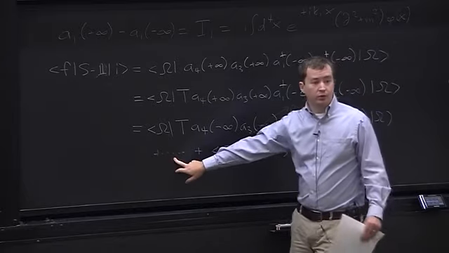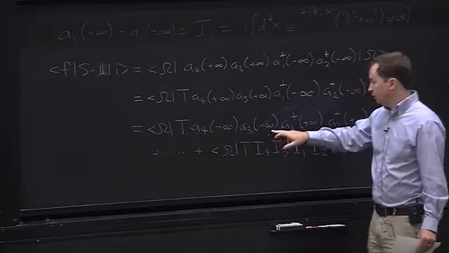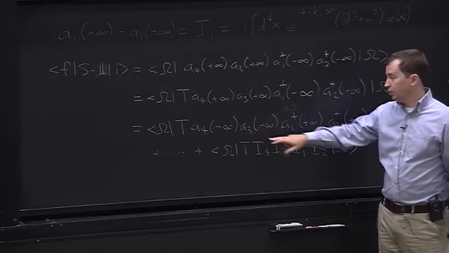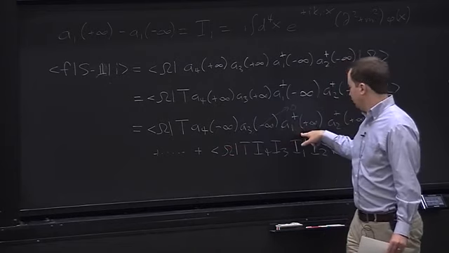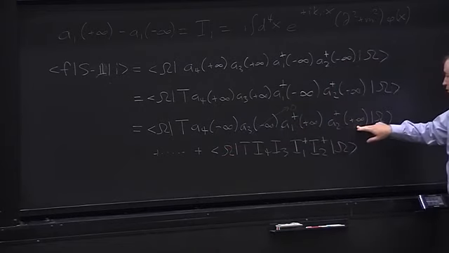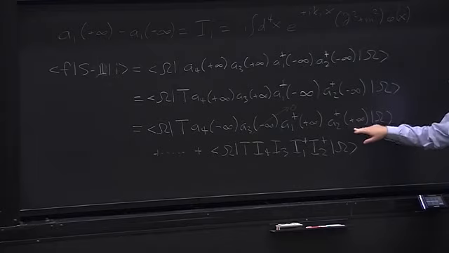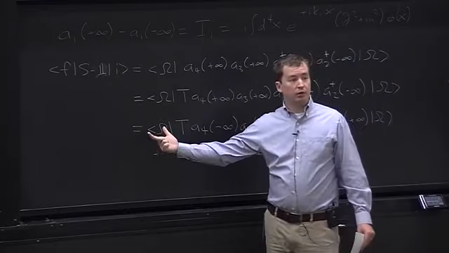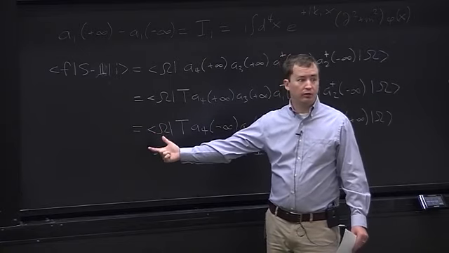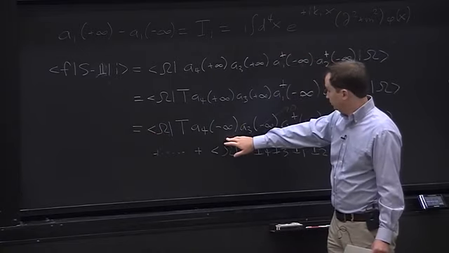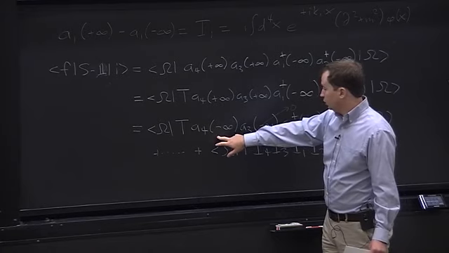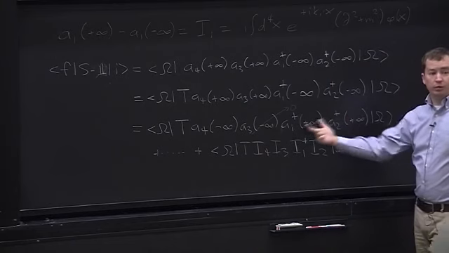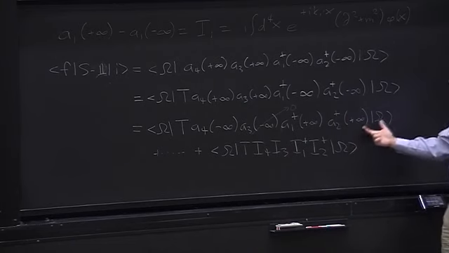So are all the other terms I didn't write, which have at least one creation operator or at least one annihilation operator. All the creation operators are acting at plus infinity, so time ordering will bring all the creation operators to the far left, where they'll annihilate the bra vacuum, and the annihilation operators will all be brought to the far right, because they're in the asymptotic past, where they'll annihilate the ket vacuum.